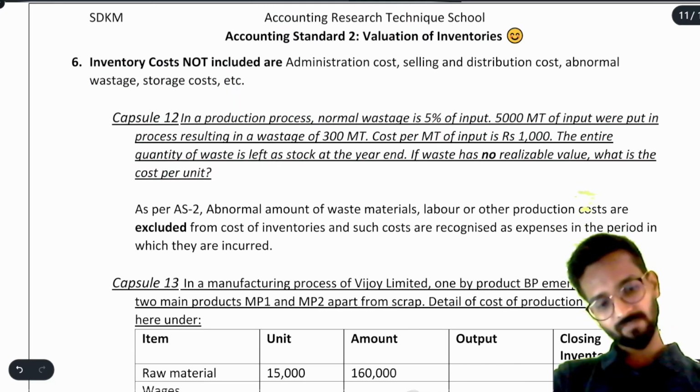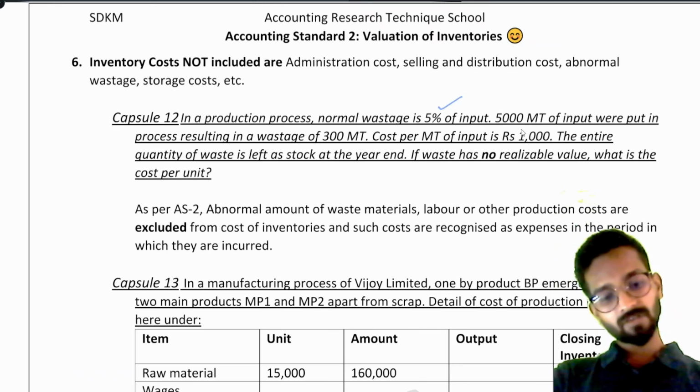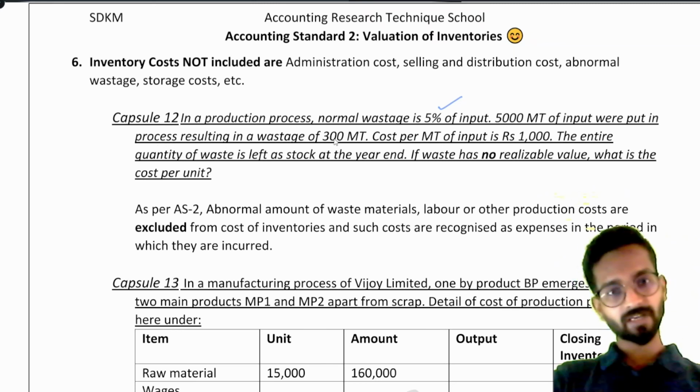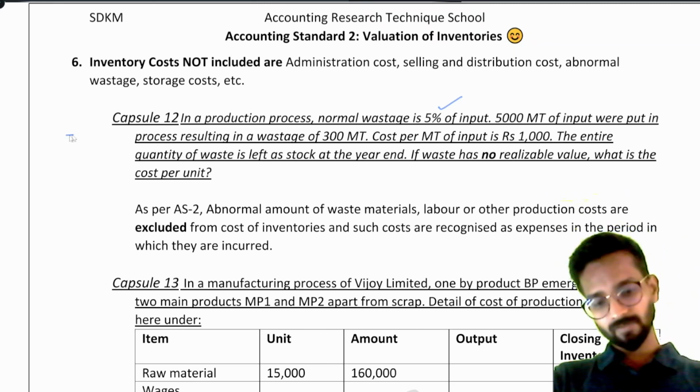Now, after this, we have capsule number 12, that is, in a production process, normal wastage is 5% of input, okay. 5000 metric ton of input were put in process, resulting in a wastage of 300 metric ton. See, 5000 was our input. They are saying 5% is normal, okay. But the total wastage is 300 MT. How much is normal?